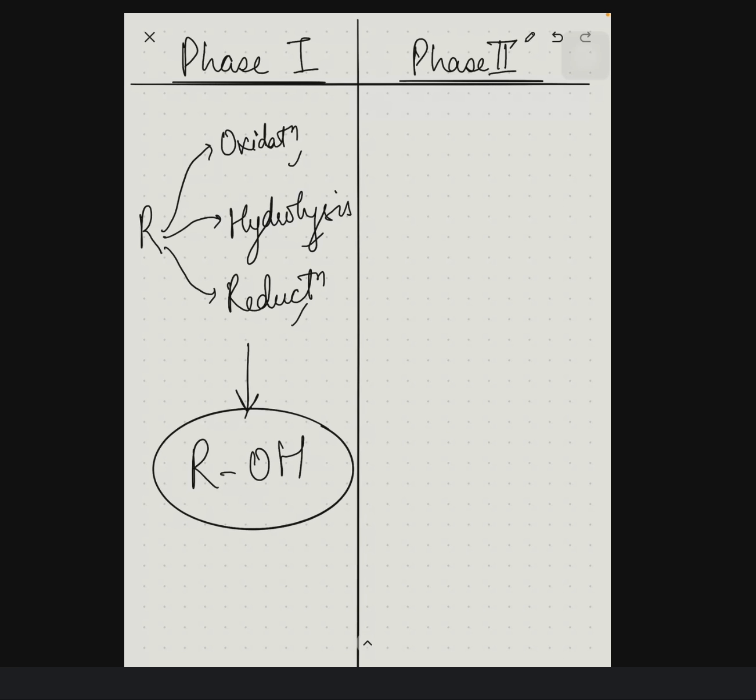So such compounds, if still lipophilic, undergo phase 2 reaction. In phase 2, the liver enzymes add bigger molecules to this drug to make it more non-polar.